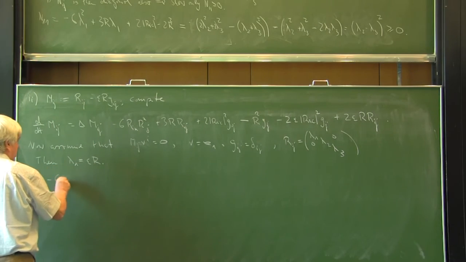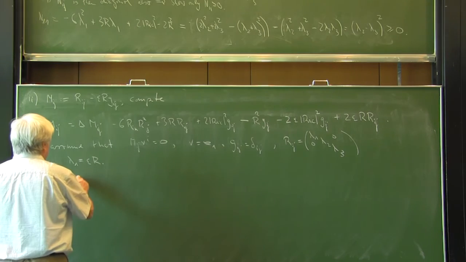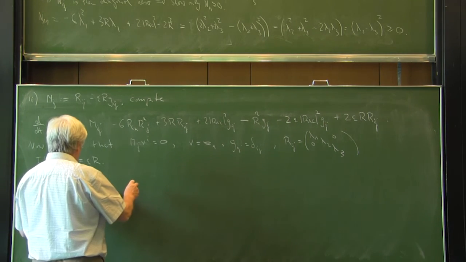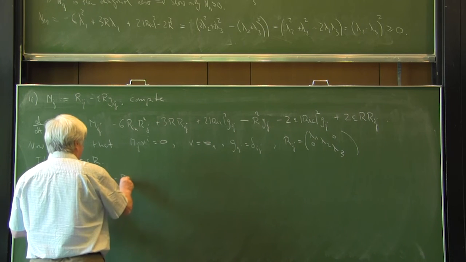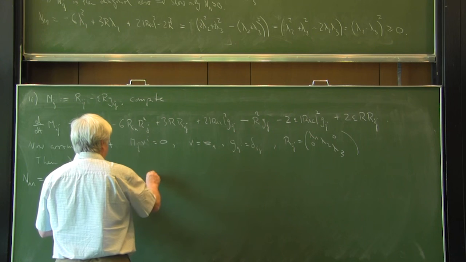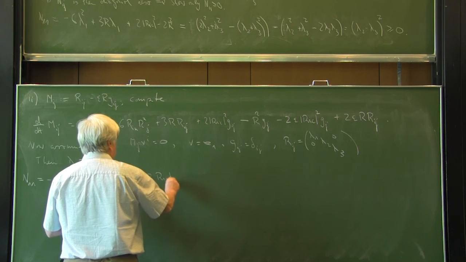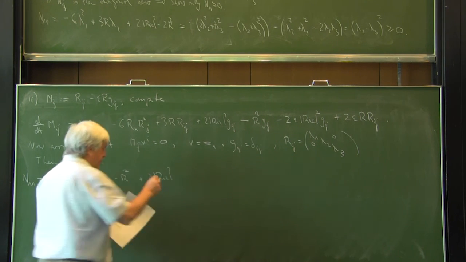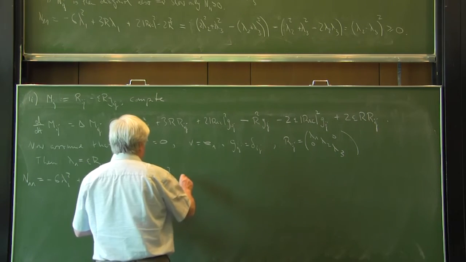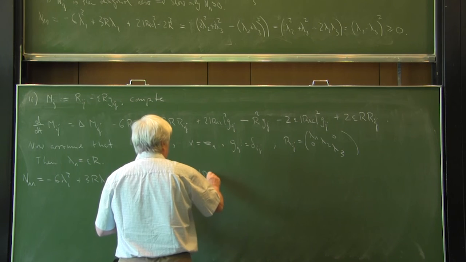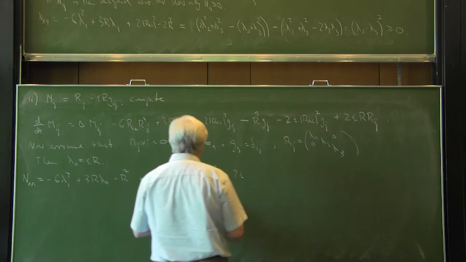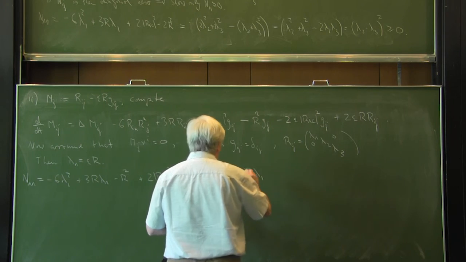minus 6 lambda 1 squared plus 3r lambda 1 minus r squared plus 2 Ricci squared, which is of course lambda 1 squared plus lambda 2 squared plus lambda 3 squared, and minus 2 epsilon Ricci squared plus 2 epsilon times r times lambda 1.